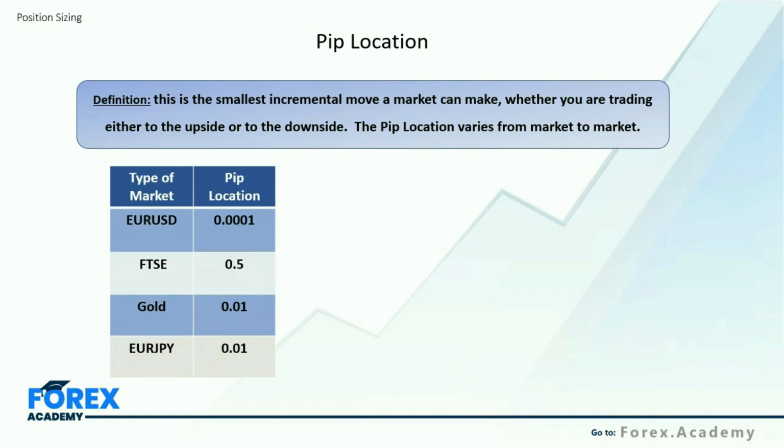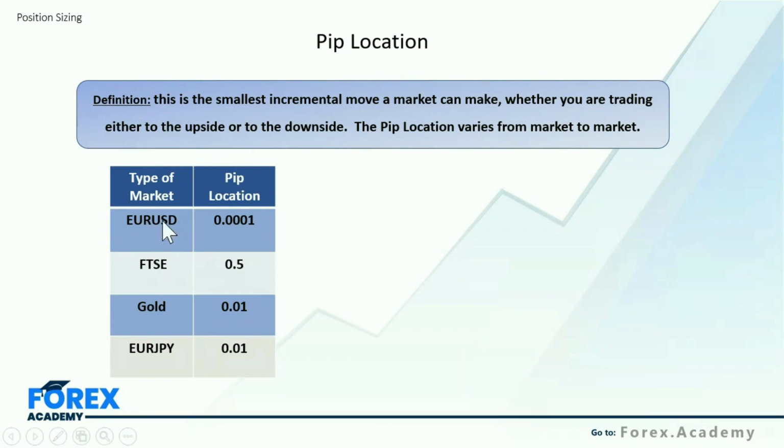The types of market are listed on the left-hand side there in that box and could include things like the euro dollar. And as you can see on screen, the pip location for the euro dollar is to the 4th decimal place. So that's the case for the majority of the currency markets, apart from yen pairs and some other more exotic instruments as well.